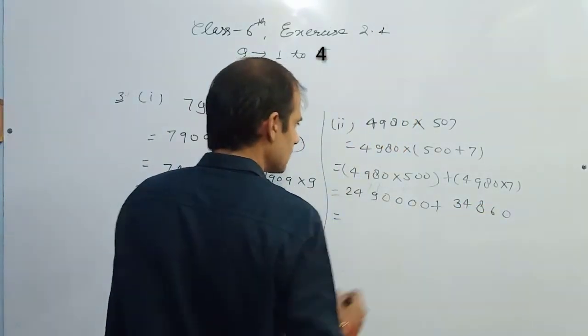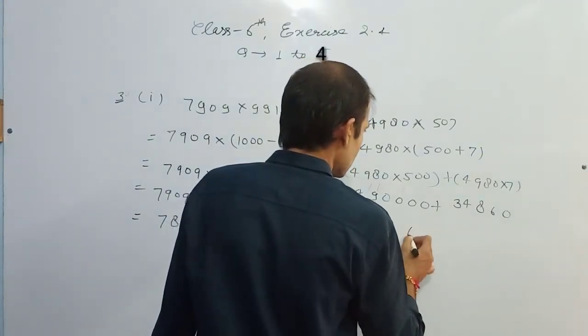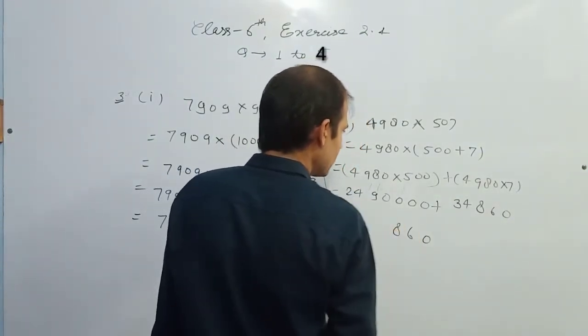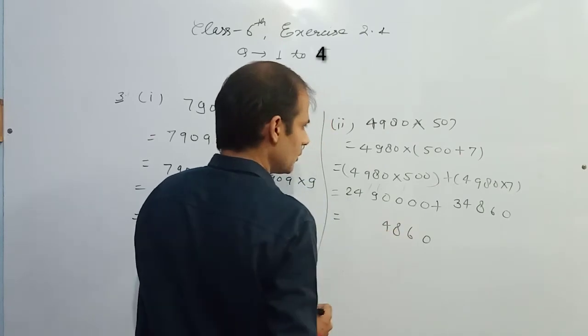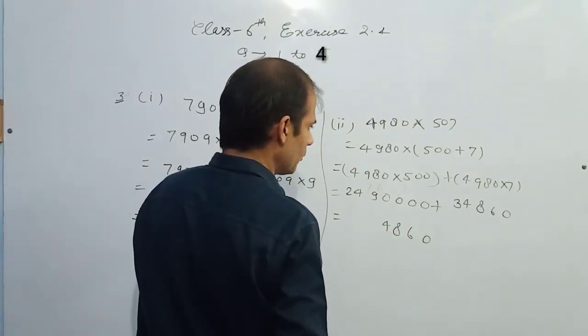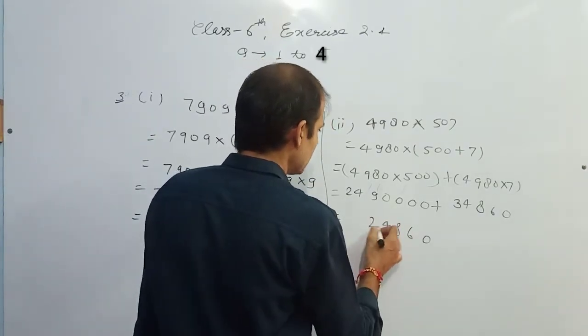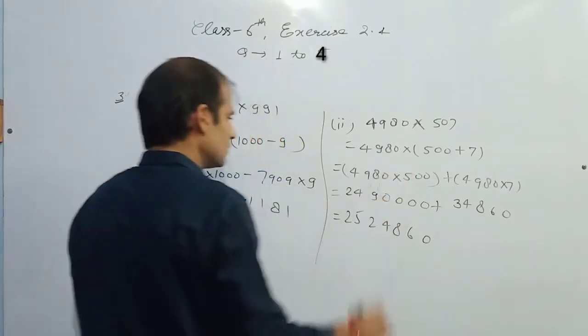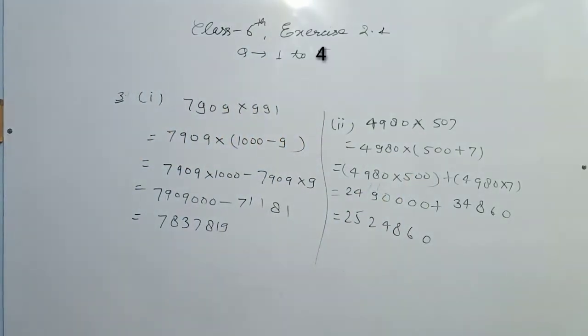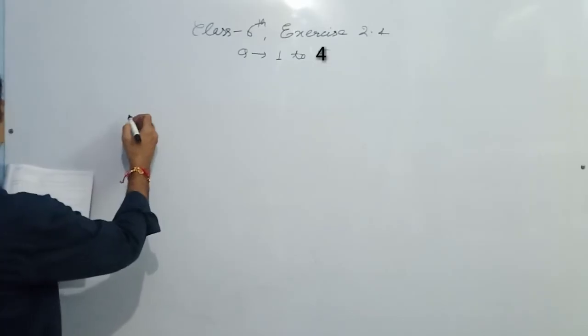Now add these numbers. It is 0, it is 6, 8 4, finally 3 plus 9 is 12, 1 carry, and it is 25. So final answer is 25,24,860.